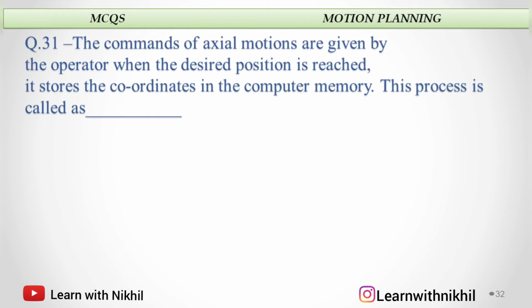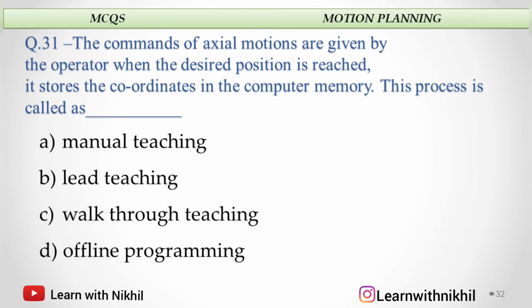Next, the commands of axial motions are given by the operator when the desired position is reached. It stores the coordinate in the computer memory. This process is called manual teaching, as we give the command and it records the command.